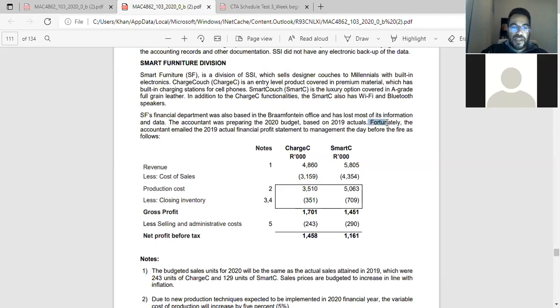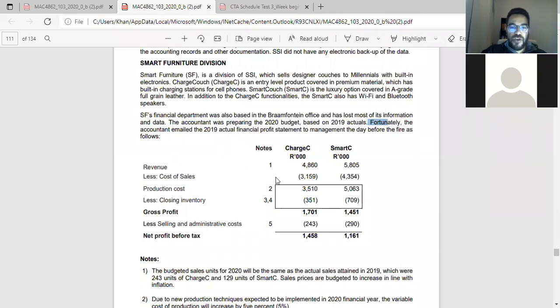So they say, fortunately, the accountant emailed the 2019 actual financial profit statement to management the day before the fire, as follows. Okay, so these are the 2019 actuals. We're probably going to have to come up with a budget, so just be aware of that. So the actual 2019 numbers.